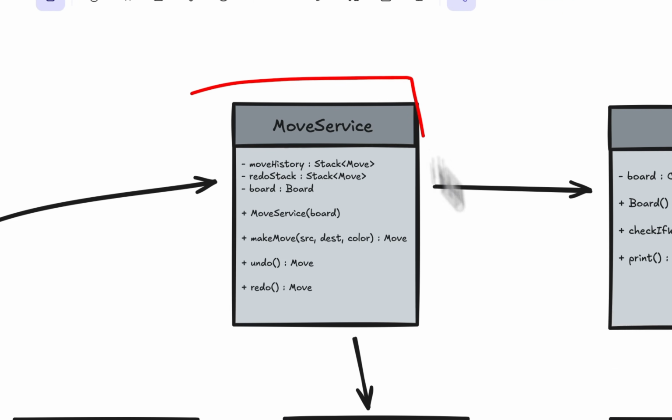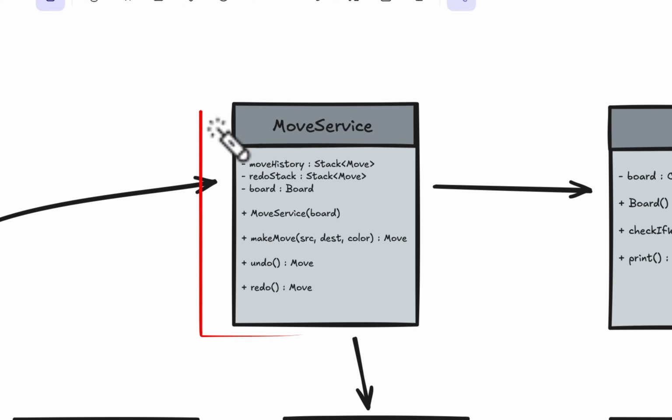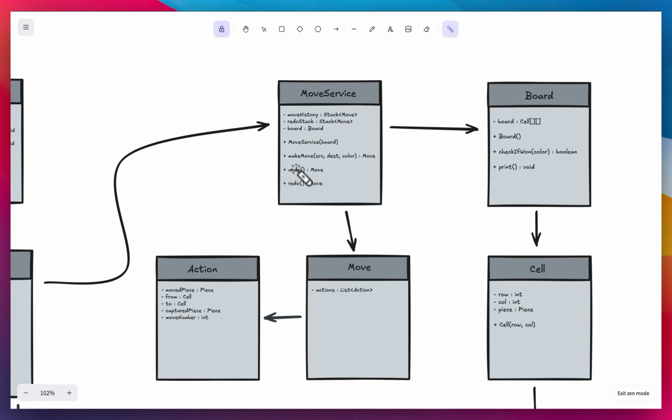So this is the service which will handle all the movement related stuff. That is, it will make a particular move. It will also perform the undo function. It will also perform the redo function. Okay. So all the movement related stuff will go into this move service class.